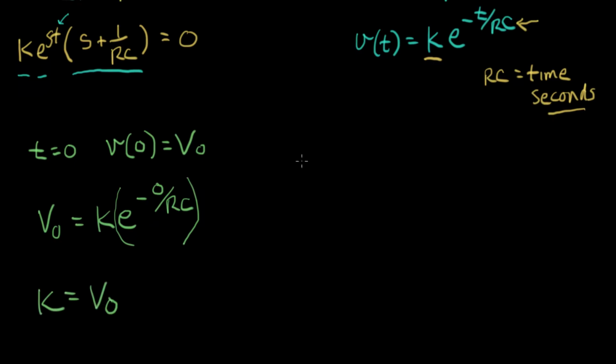And that gives us our final answer, which is v of t equals V naught, the starting voltage, times e^(-t/RC).